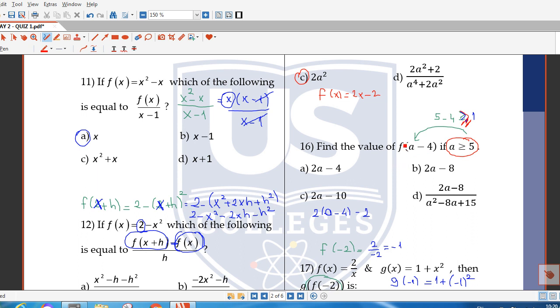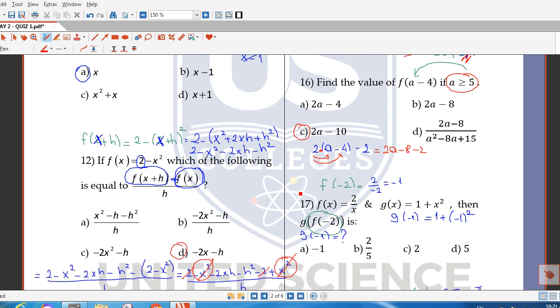So you have to use the first form of the function, which was written in the previous question, 2x minus 2. So twice of the expression a minus 4, minus 2. Do multiplication, 2a minus 8 minus 2, 2a minus 10 is the answer.